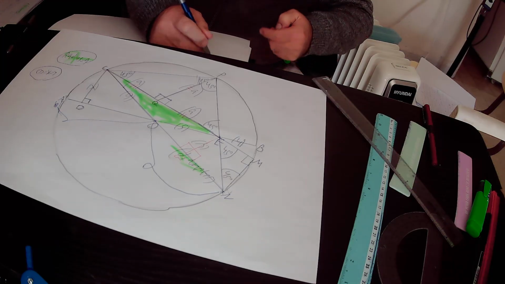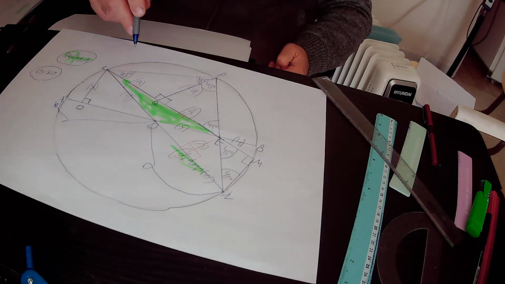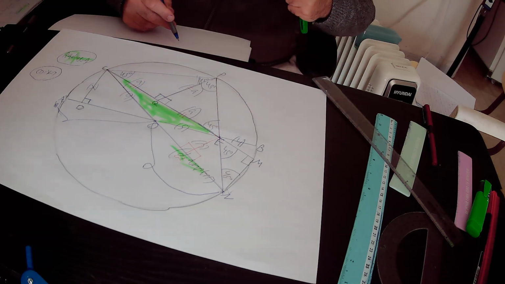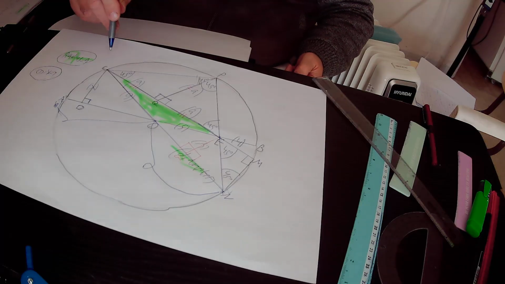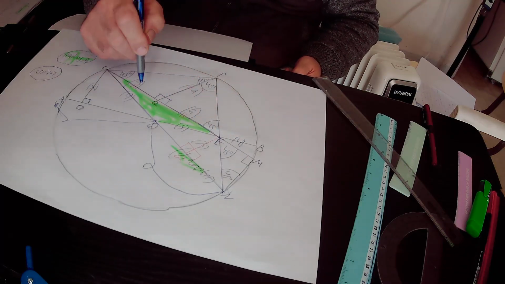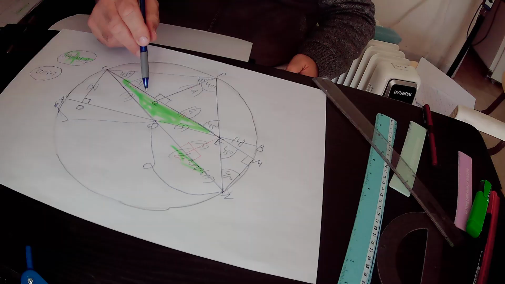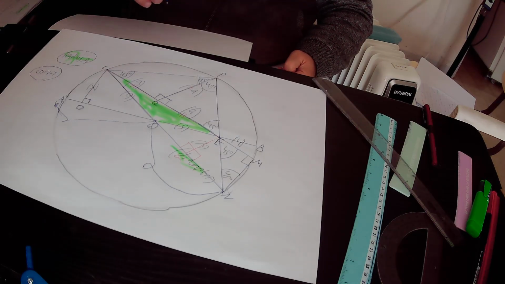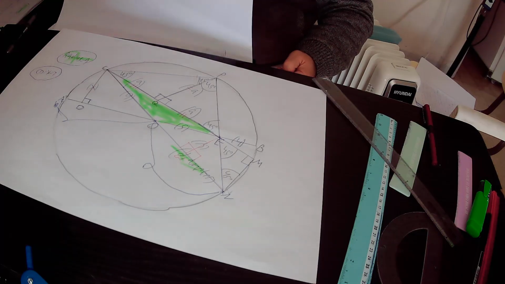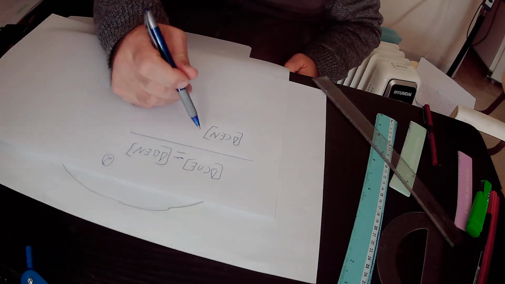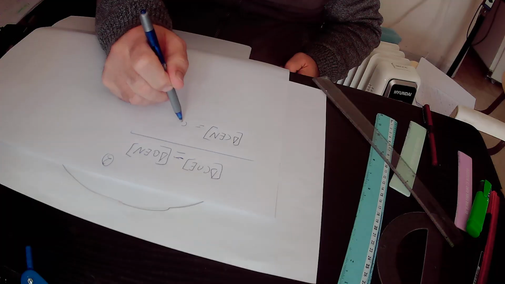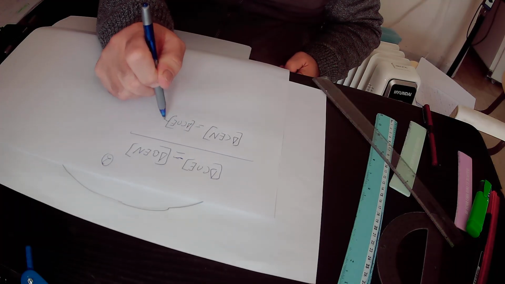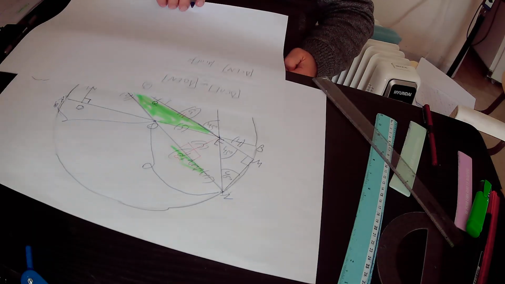What is the area of this big triangle CEN? Actually, we know that the area of the big triangle CEN must be equal to the sum of the areas of the two components that it consists of. The first component is the green triangle COE. So the area of the first component is the area of this green triangle COE, plus the area of the second component.